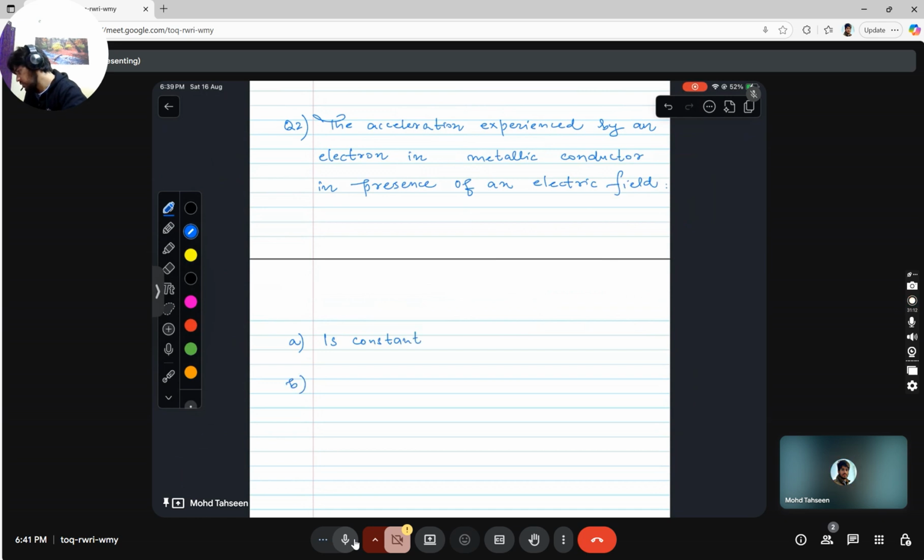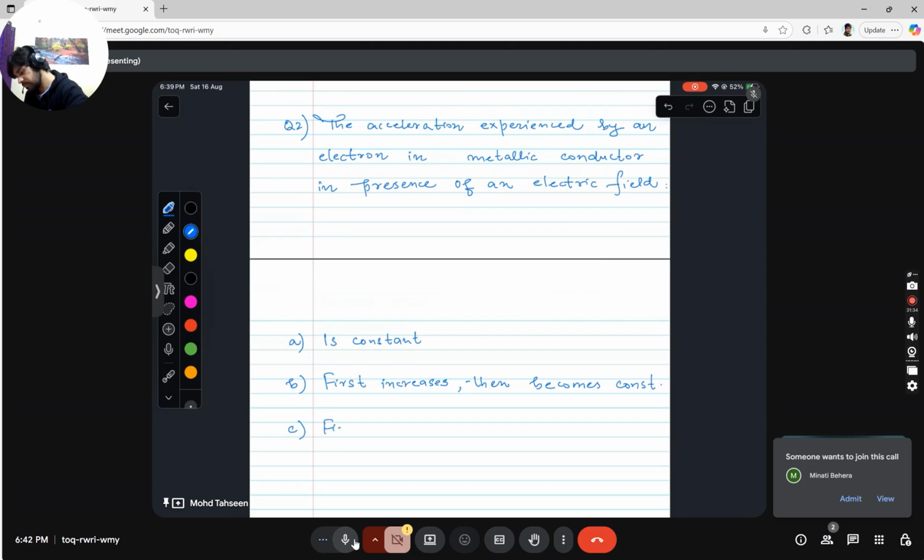Option B, it first increases, then becomes constant. Option C, it first increases, then decreases, and then becomes constant.